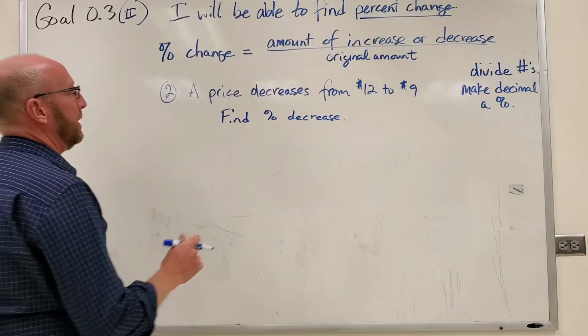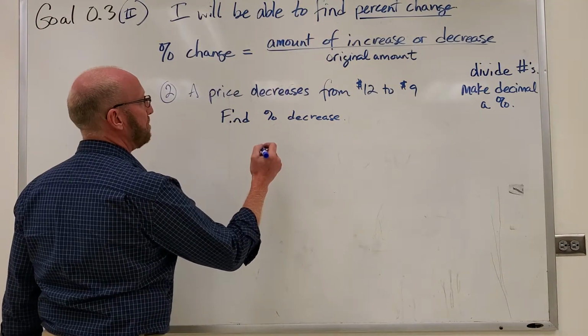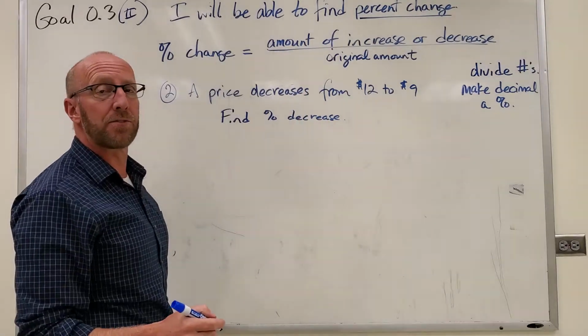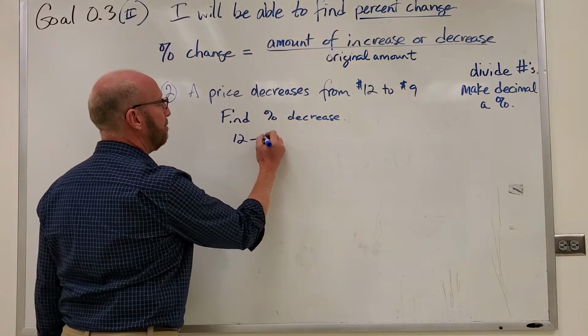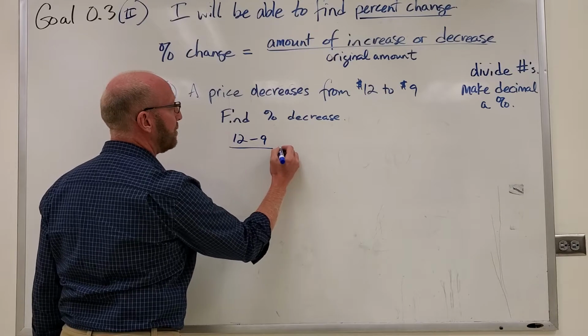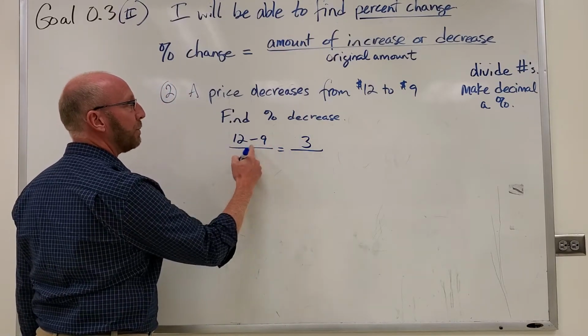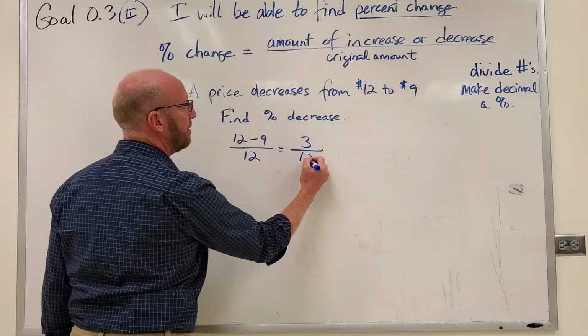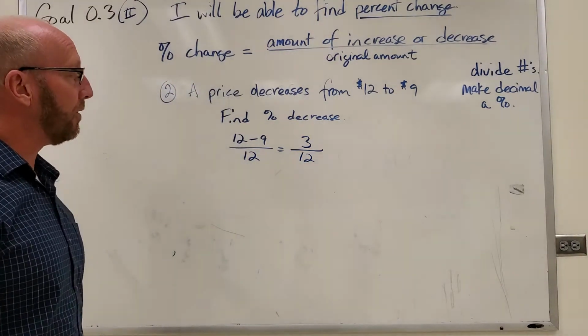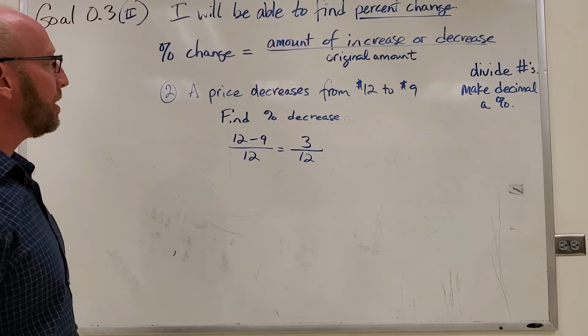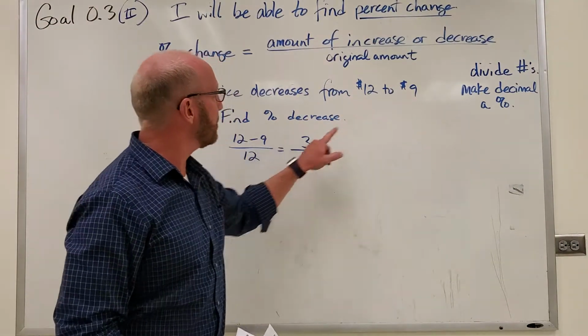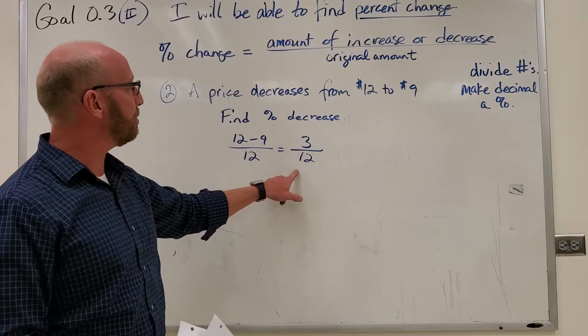Okay, so I want to find the amount of decrease first. So it's 12 minus 9 is 3. That is the amount of decrease. The original amount, it started at $12. So it decreased $3, 12 minus 9, divided by the original 12.